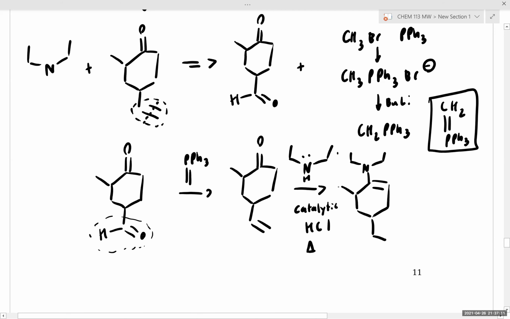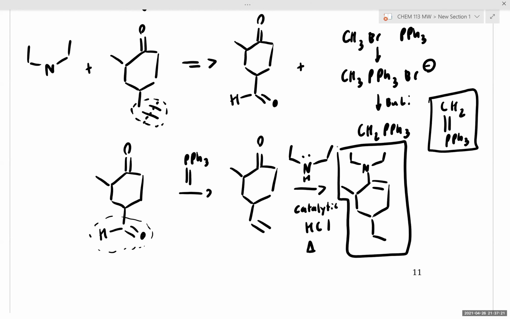As we talked about in lecture, an enamine is an equivalent of a kinetic enolate. Does this synthesis example make sense to everyone? Any questions on this example? If not, let's keep going.